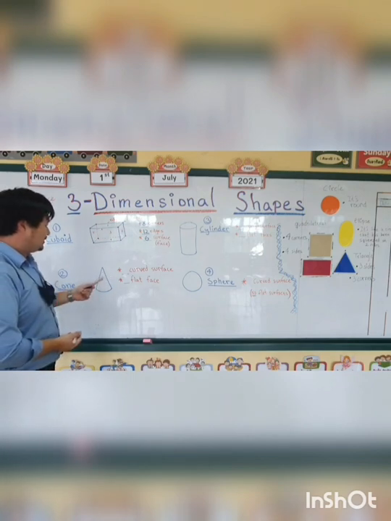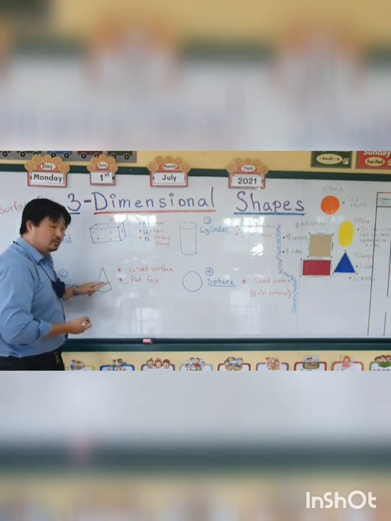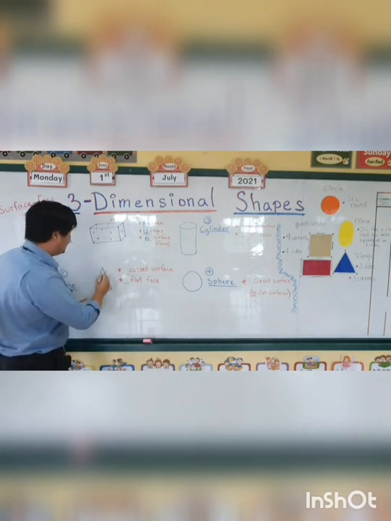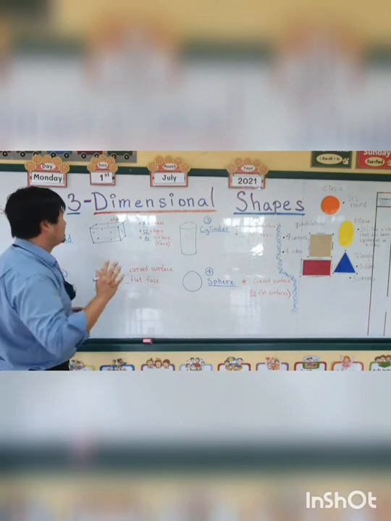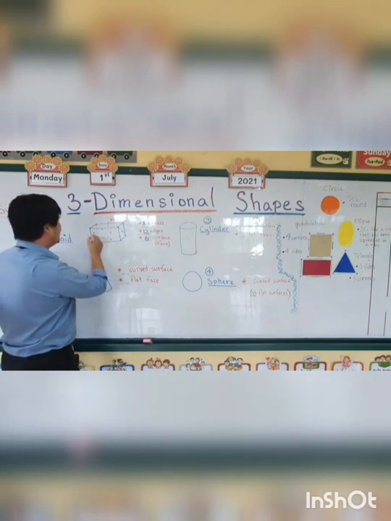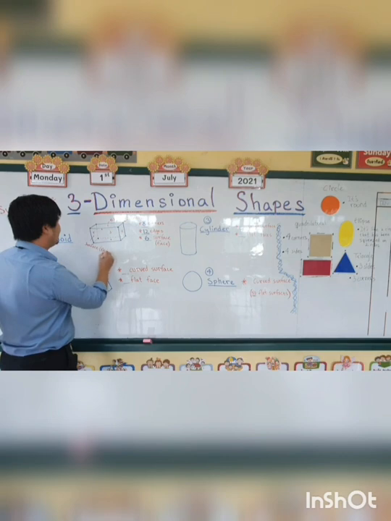Where are the surfaces? Over here? Right. Good. Here, that is one surface. Oh, I apologize. I forgot to write surface. So this is the surface. Surface or face.